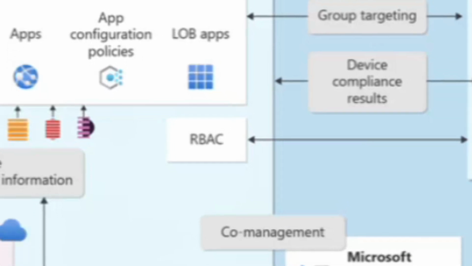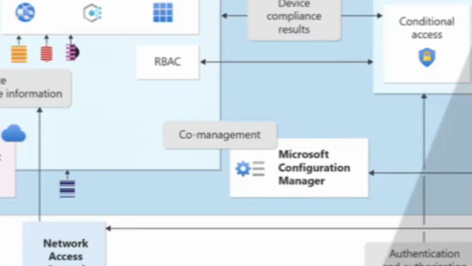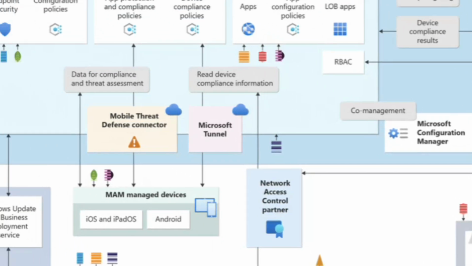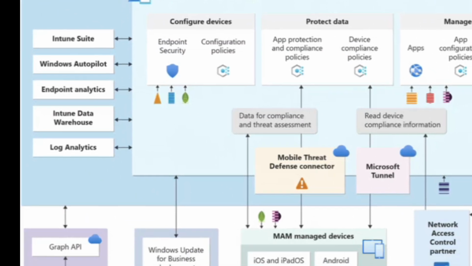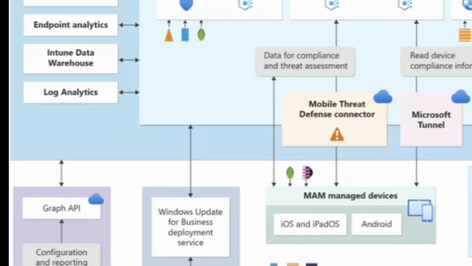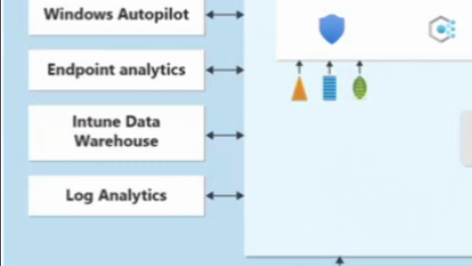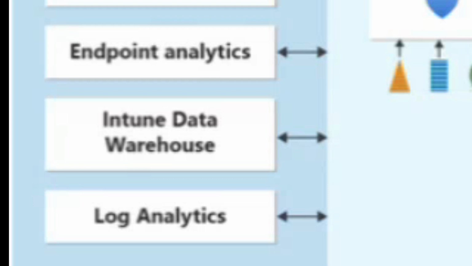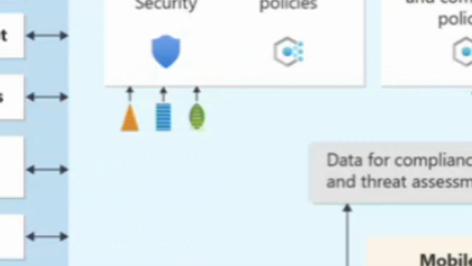Okay. Data and compliance wise, if I say so, Intune data warehouse is where you have the central repository for your data compliance. Okay. And threat assessment. How is it integrated?